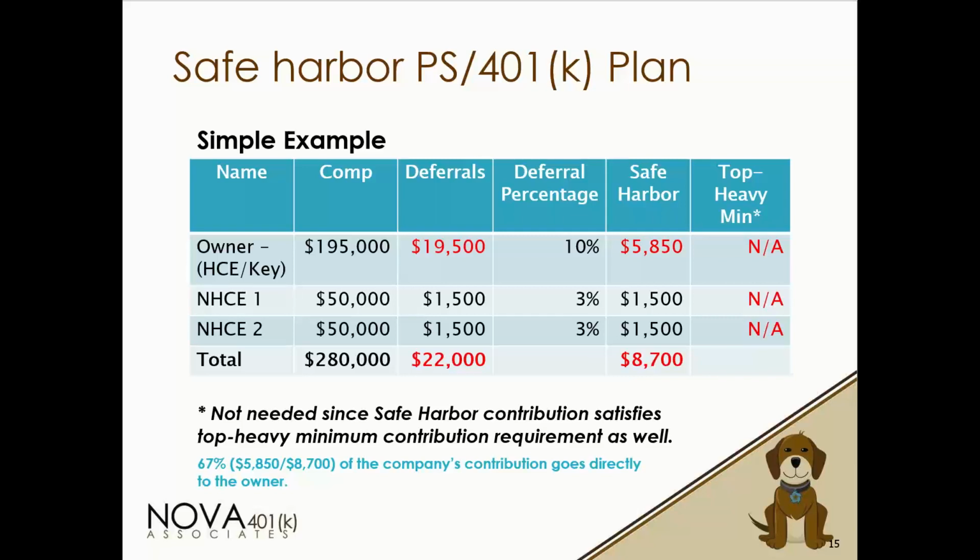So in this example, the plan sponsor spends $3,000 on their employees, and the total employer deduction is $8,700, $5,850 of which is going to the owner. So basically 67% of the employer contribution is going to the owner. And from a tax point of view, that's probably about break even.